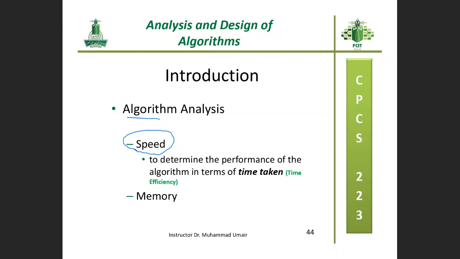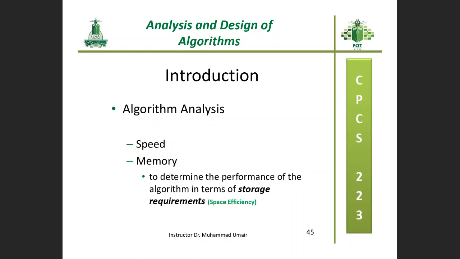The second parameter on which an algorithm can be analyzed is memory. Memory means how much space it will occupy while solving a problem. This space occupation depends on the data structure you have used, and similarly the running time is also dependent on the data structure you have used.